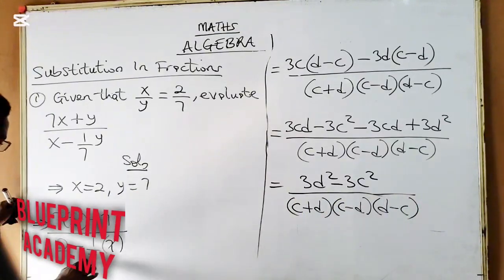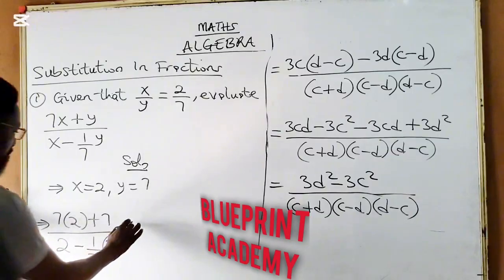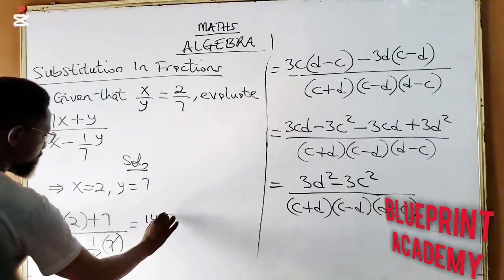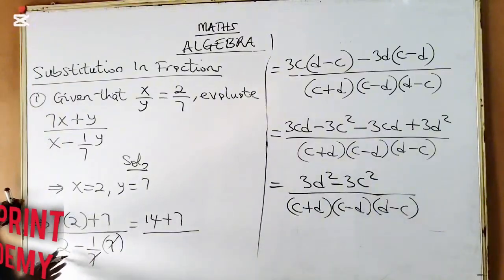So now this 7 here, we cancel this 7 here. 2 times 7 here is 14. So we have 14 plus 7 all over 2.